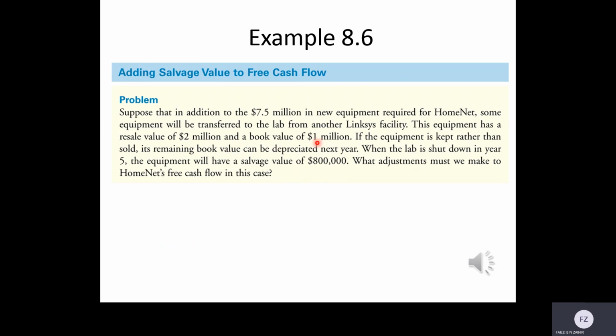And if, instead of selling it immediately, we were to keep it and sell it in the 5th year, it will have a salvage value of 800,000.